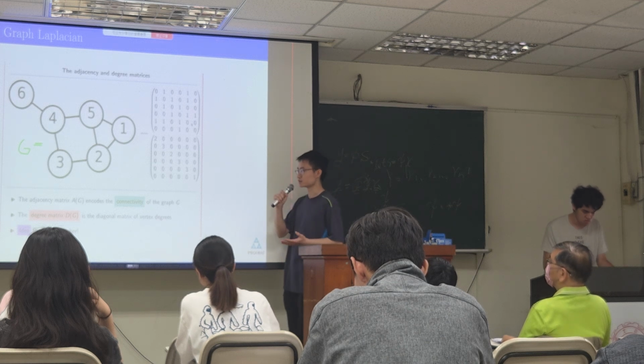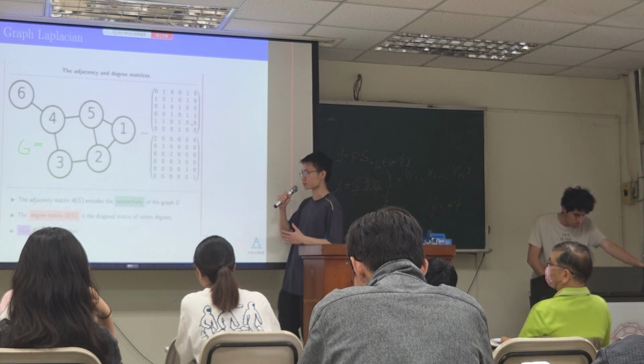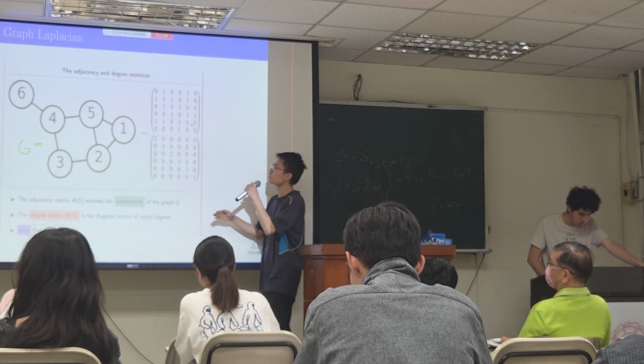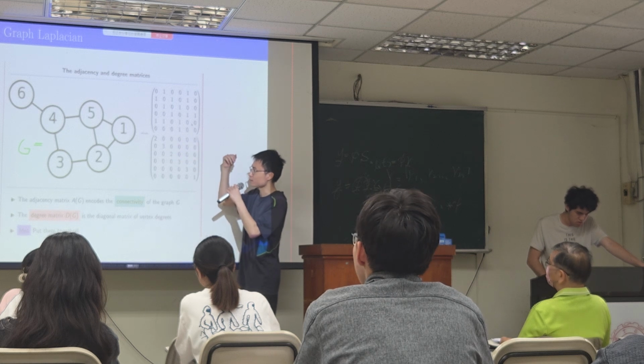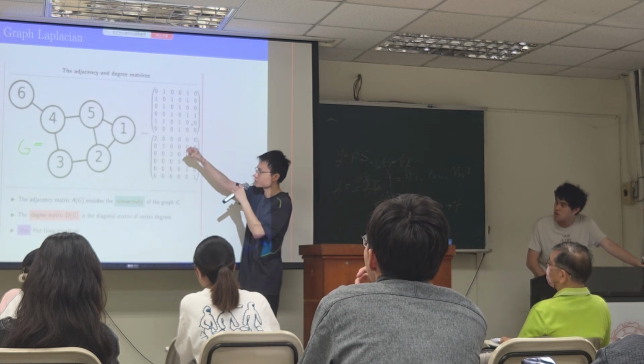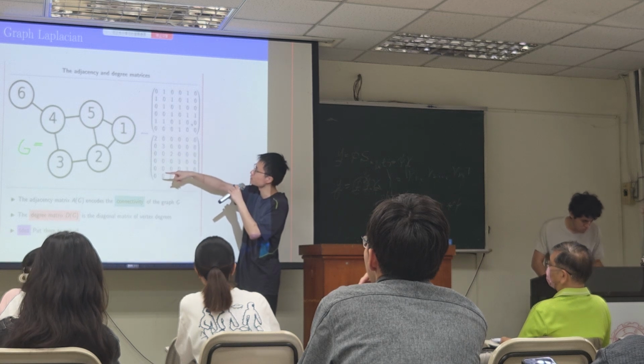So what is the adjacency matrix? It encodes the connectivity of the graph. From the first row, we can see the connectivity of each node. The first node has only 2 connections.